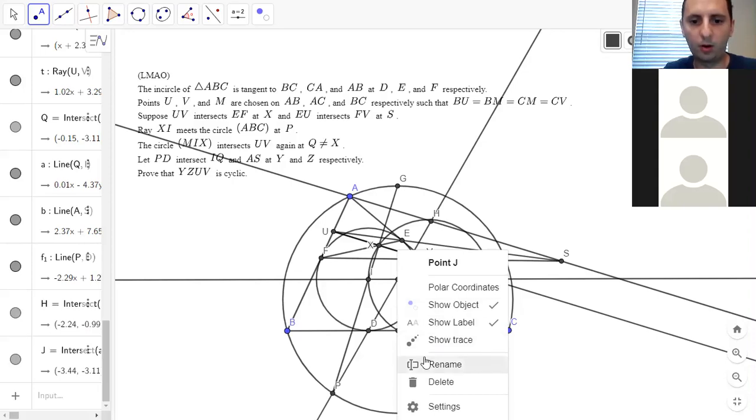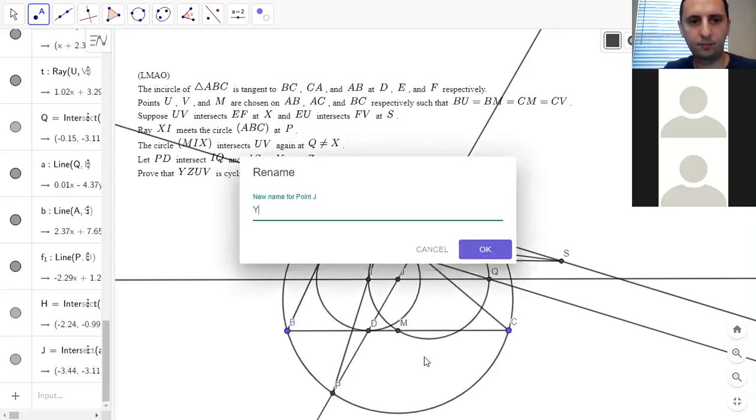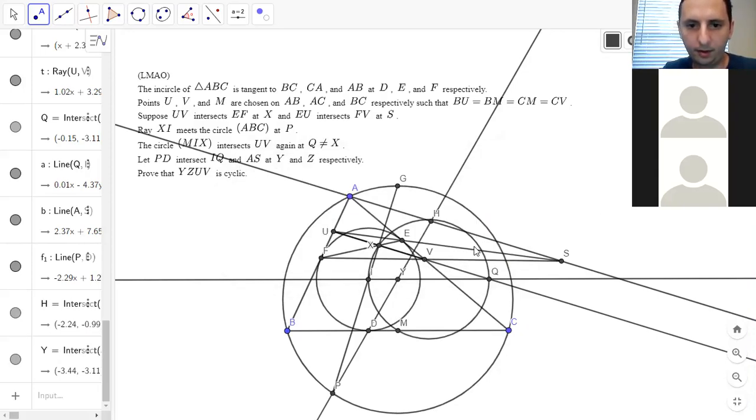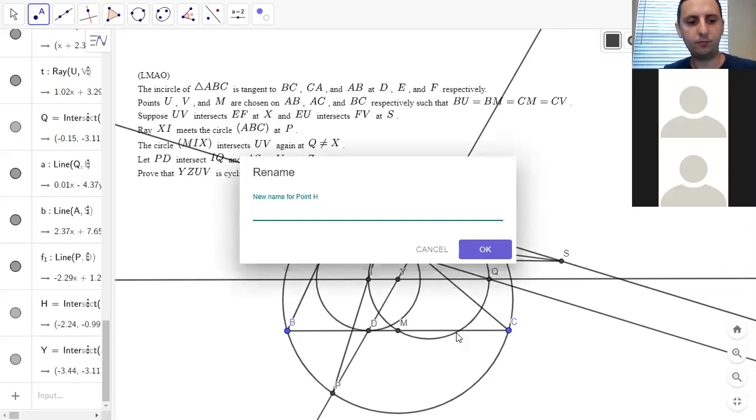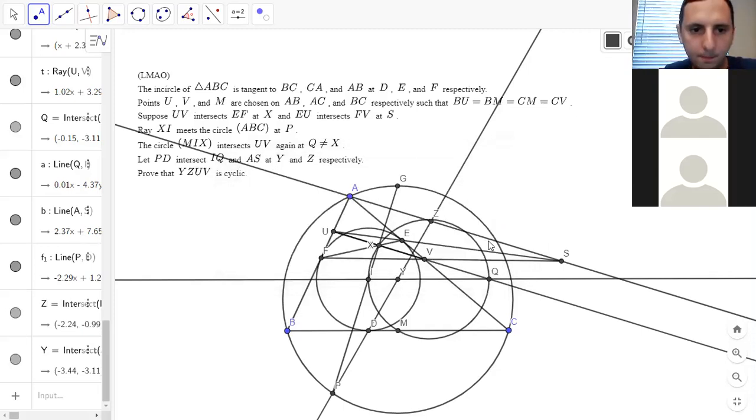So this should be Y. And this should be Z. Sorry. We want to show YZUV is cyclic.